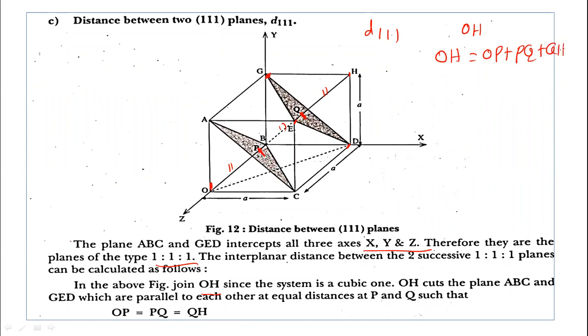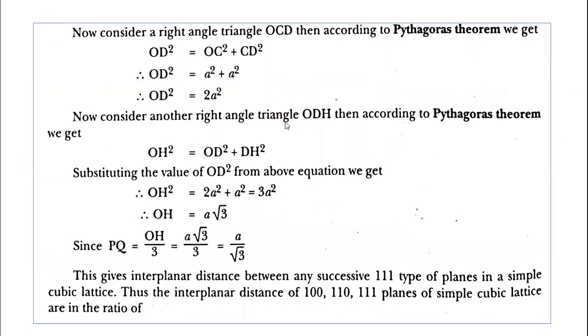We want to find the interplanar distance PQ. So how can we find it? We can write OP equal to PQ equal to QH. It means this OH is divided into 3 parts.